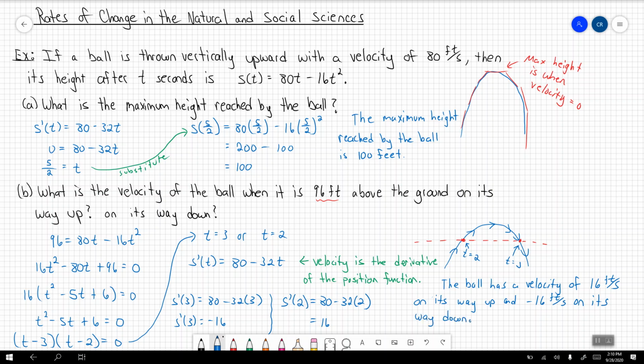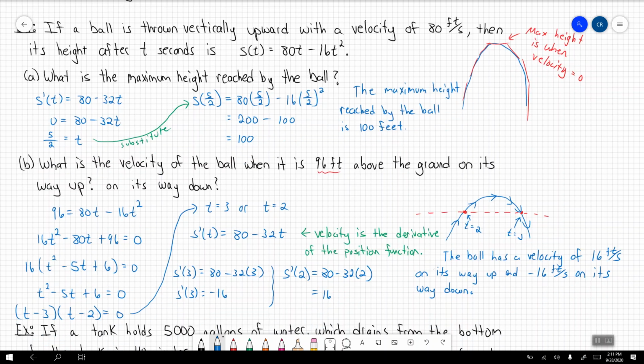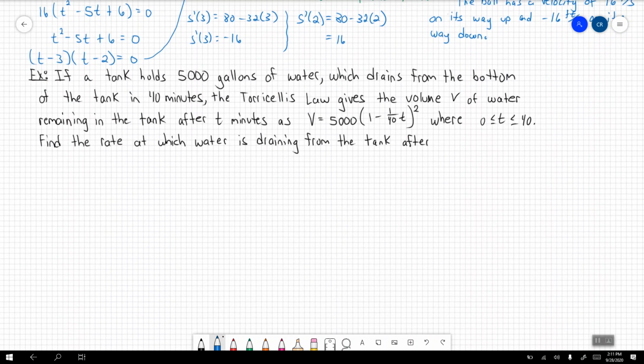And that's it. That's all there is to it for part A and part B. Again, we're just applying these derivatives and the concepts that we've been learning so far. Let's look at the next example down below.